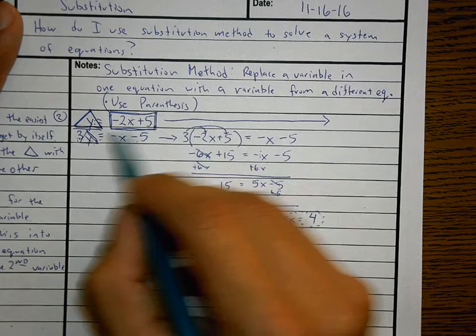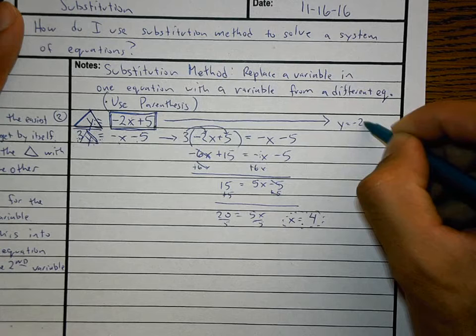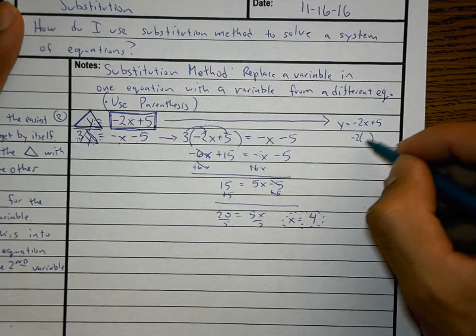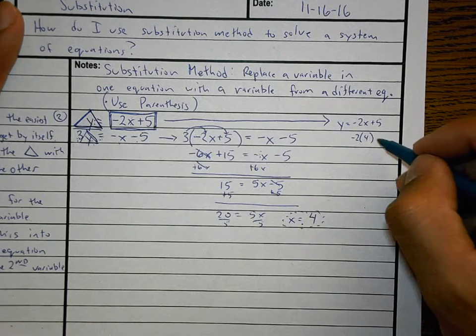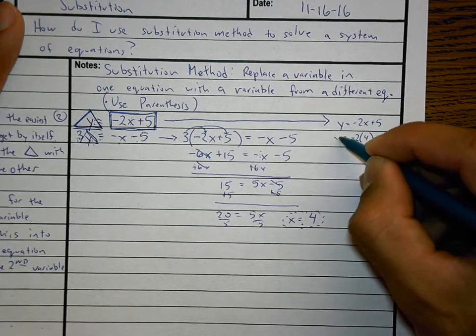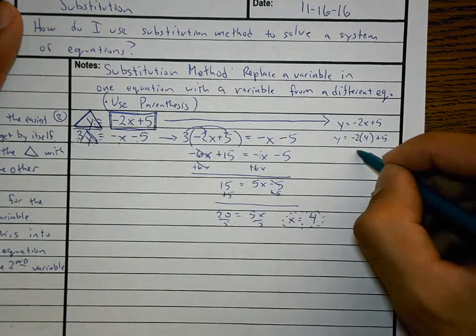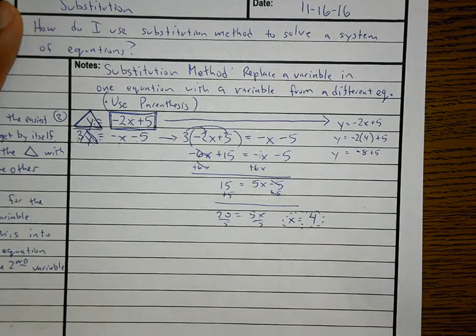X is equal to 4, so let me plug that in. Y equals negative 2x plus 5. Negative 2 times the 4. Don't forget when you plug it in, you use parentheses. Plus 5 equals y. Now I can work this out. Negative 2 times 4 is negative 8 plus 5. If you are not good with this, use a calculator.